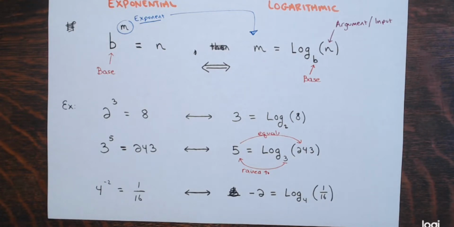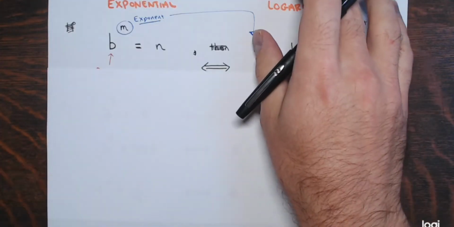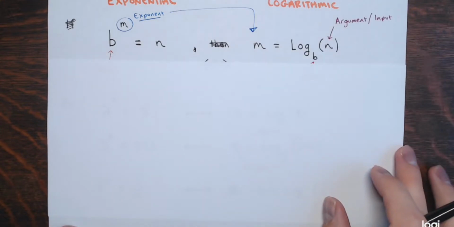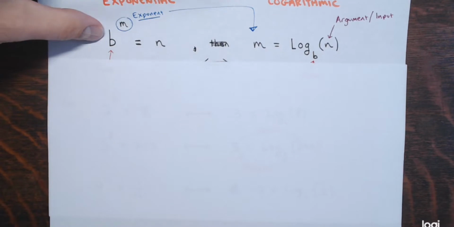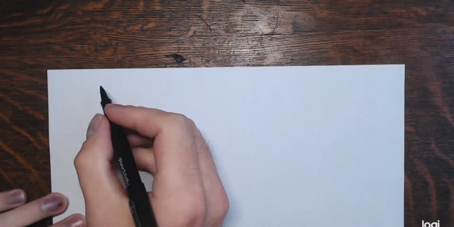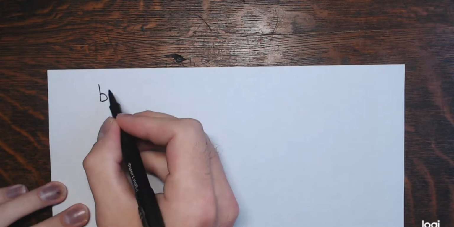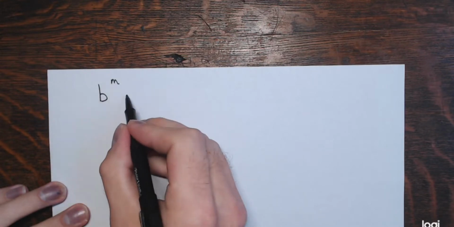Okay. So, this initial question we're given, we're asked to find the exact value. I'm going to write this on a separate page now. So here's exponential form: b to the mth power equals n.